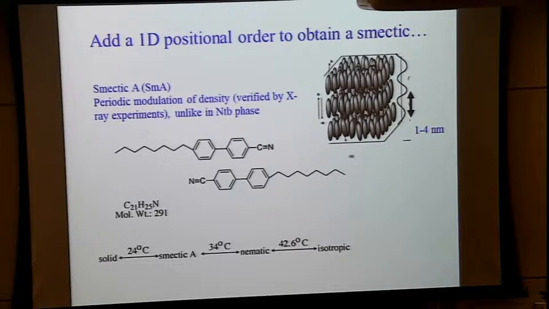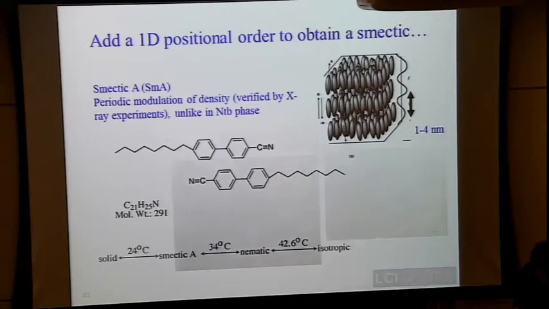You would see the reflexes that would correspond to the period of the structure, which is typically on the order of the molecular lengths, depending on the conformation, or sometimes on the desire of the two neighboring molecules to form a dimer. It might be a little bit more, like 1.4 lengths of the molecule, but roughly speaking, it's a few nanometers thing.